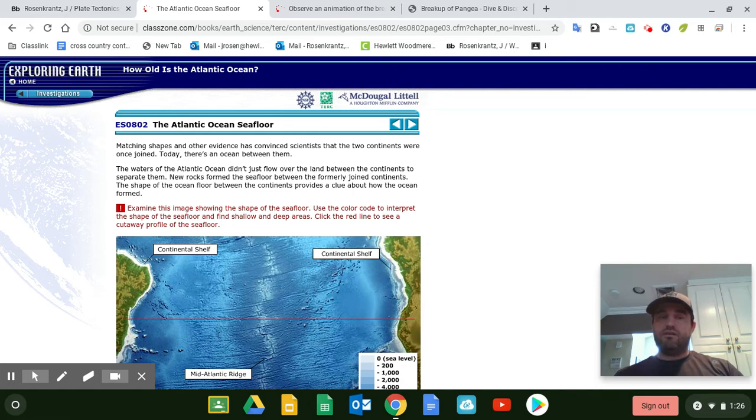And that really threw everybody off. That was a tremendous discovery, that the middle of the oceans were quite shallow, and the edges of the oceans near the coastlines were the deepest. Totally opposite of what common sense would tell you.